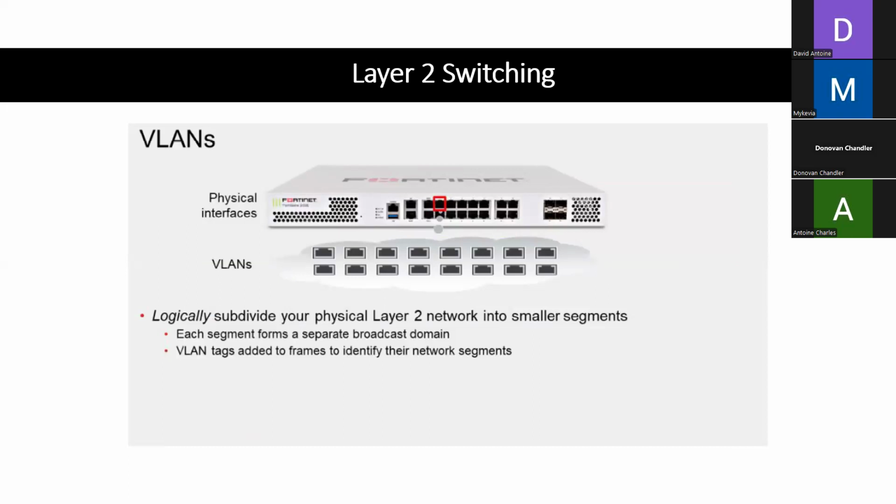On one FortiGate or one switch, you can have multiple VLANs coexist. It's all about how you configure it, how you want the traffic to roll, but it's a little bit different working with firewalls.